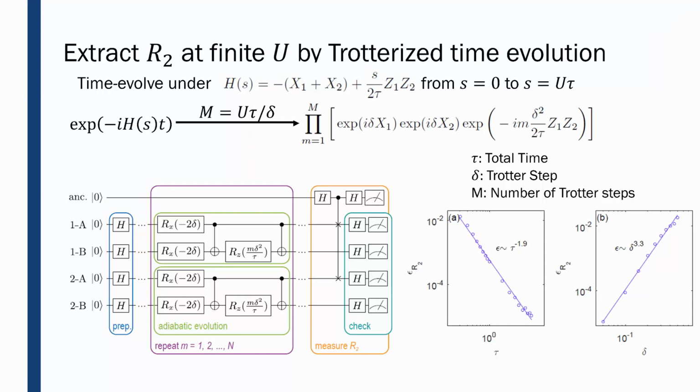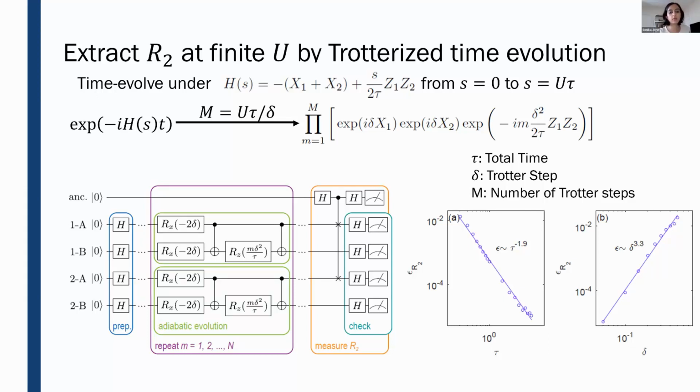It seems like, in a traditional setting, if we were actually adiabatically computing this, it would be a continuous operation, correct? Yes. And if you did that for a very, very long time, you would have much lower error.